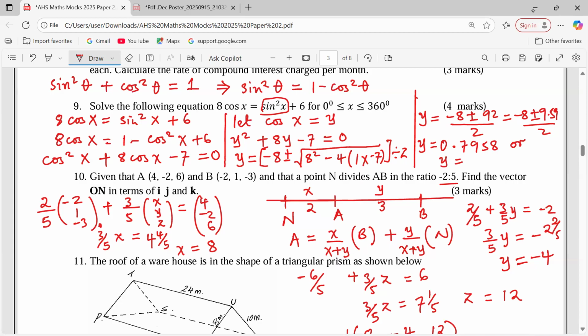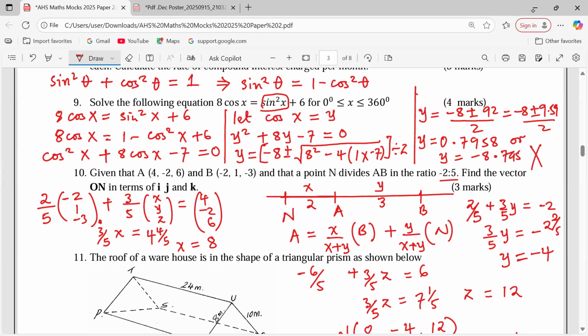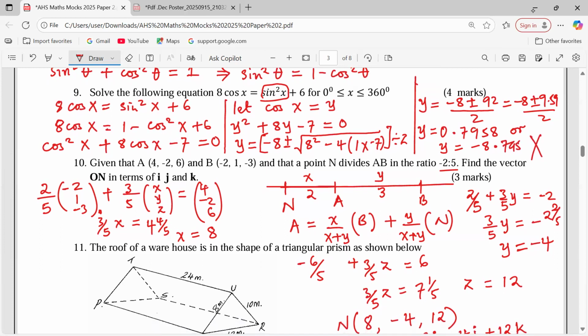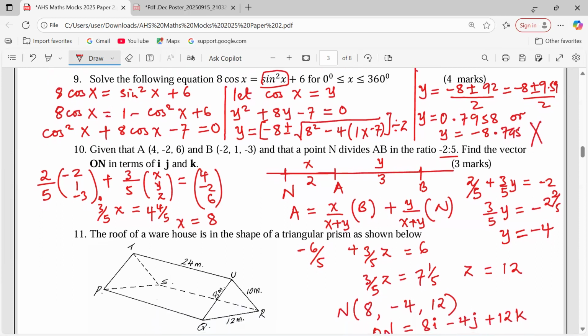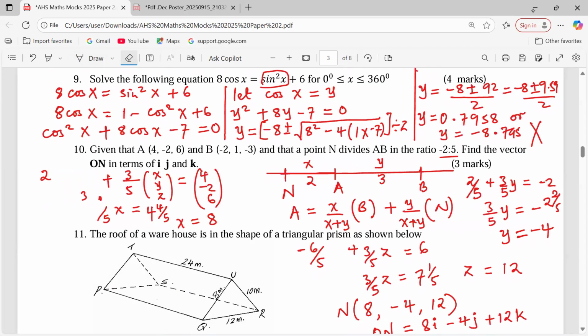This is negative 8.795, whereby we can't deal with absolute values greater than 1 when talking about cosines. So we just work with the first option of y.